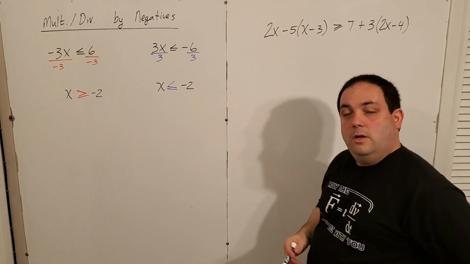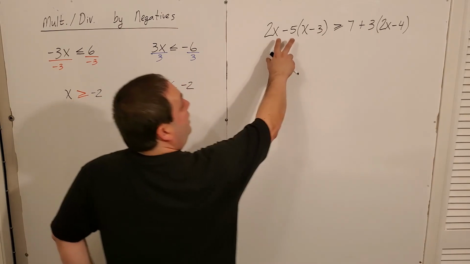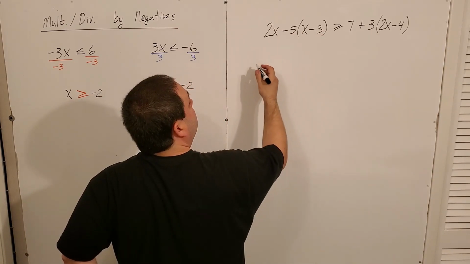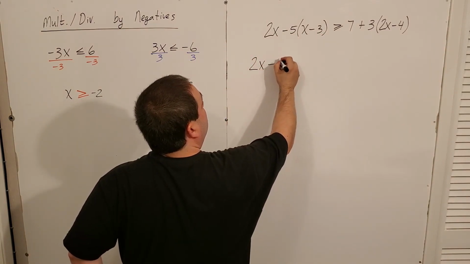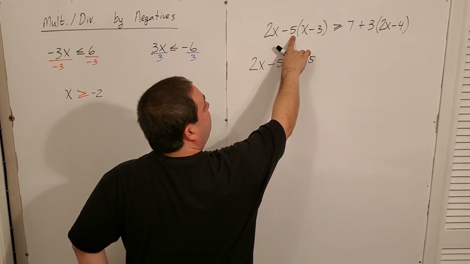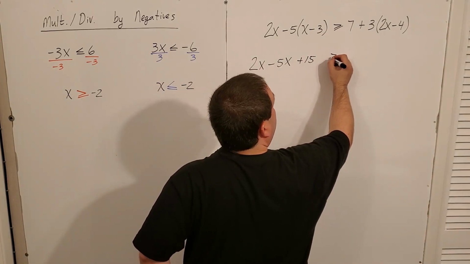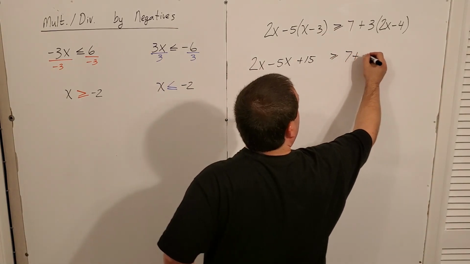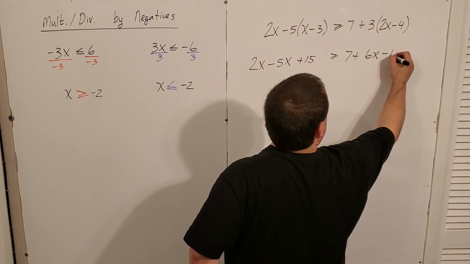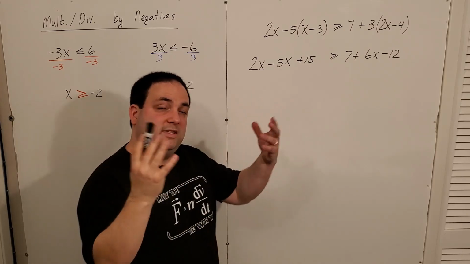Let's get one example and finish it up. So I'm going to start by using distributive property. Don't forget to distribute the negative with the 5, right? Negative 5 times negative 3 is positive 15. Notice that did not reverse the inequality because I'm not doing a both sides statement.